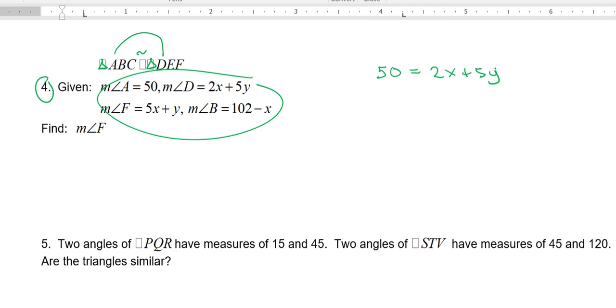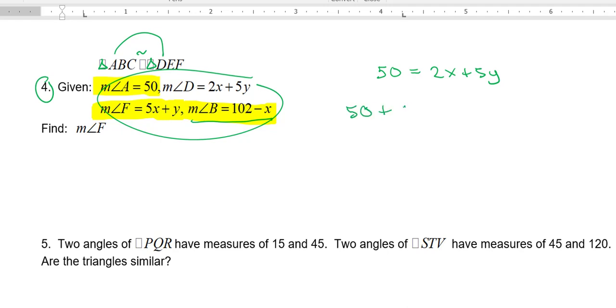The second equation, it looks like I know A, I know B, and I know C because C is the same thing as F. And if I take all three of those and add them up, I should end up with 180 degrees.